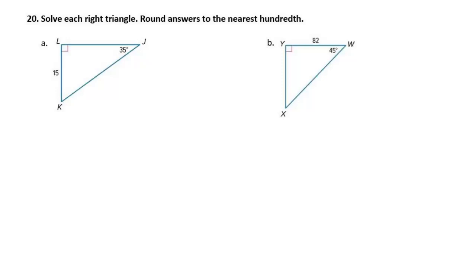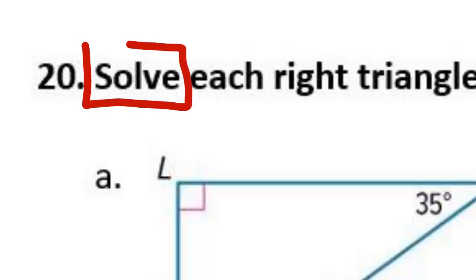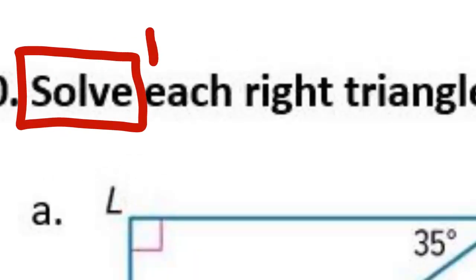Number 20 has 4 parts to it, and it says to solve the right triangle. What are we looking for if it says to solve the triangle? The missing angles.